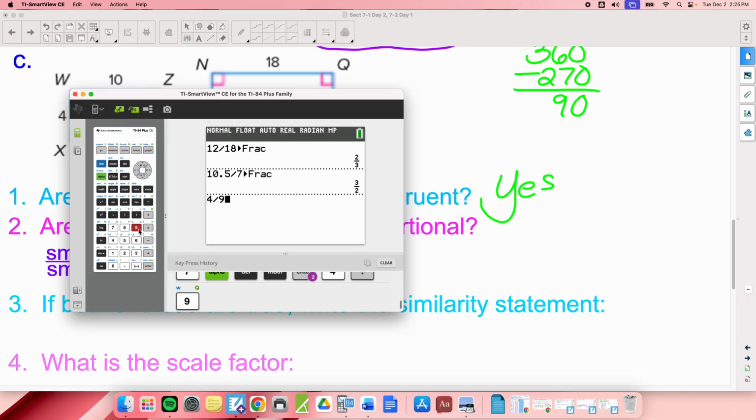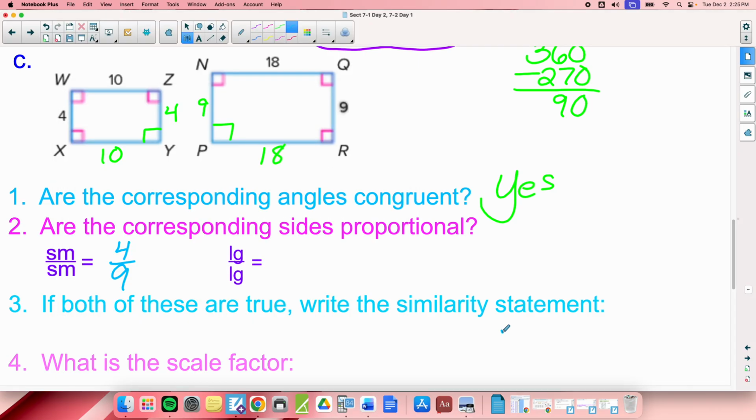You could go to your calculator, set it up, 4 divided by 9, go math, enter, enter, and notice it stays the same. That means it's reduced already, okay? Large over large would be 10/18. What do you guys think that reduces to? 5 over 9, they'd both be divisible by 2.